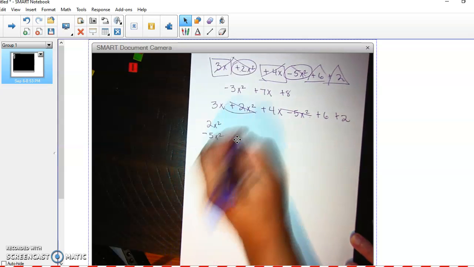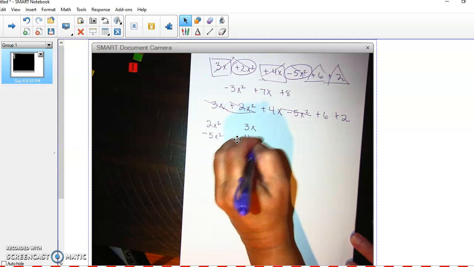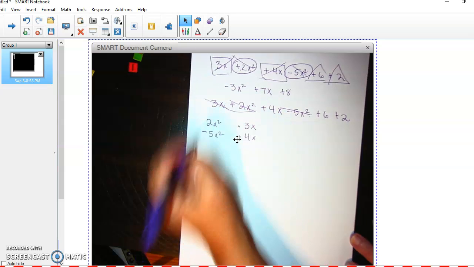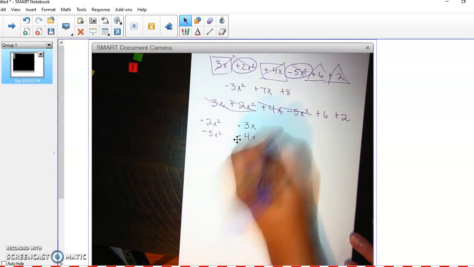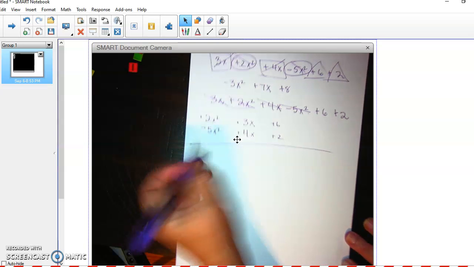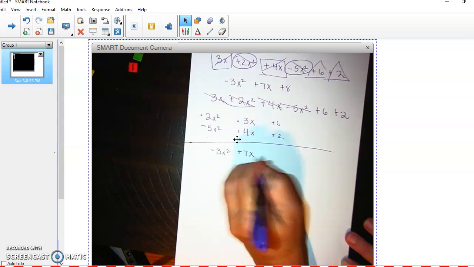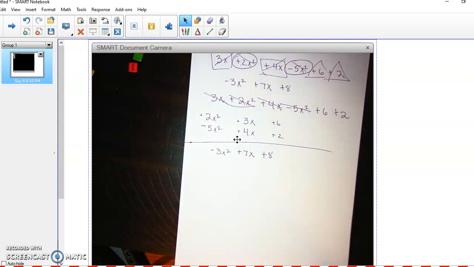Next, we're going to do the x's. They're both positive. Then I have a 6. Constants are always last. So 2 minus 5 is negative 3. And there's your answer. Notice you have the same answer.